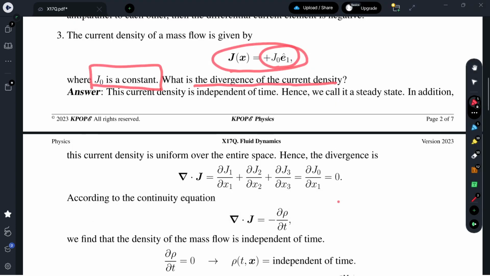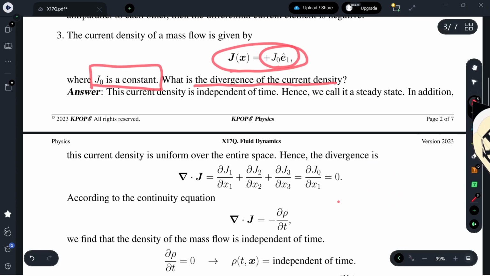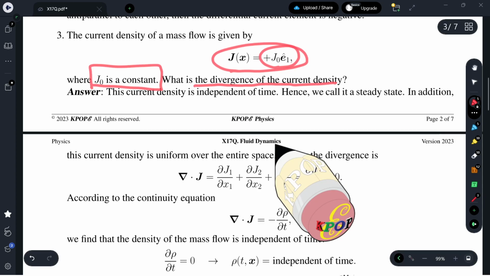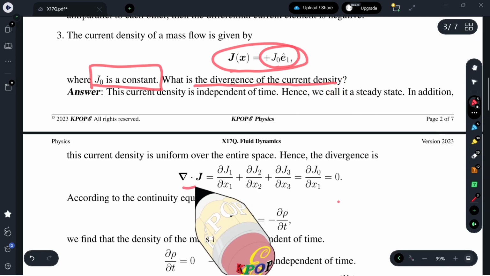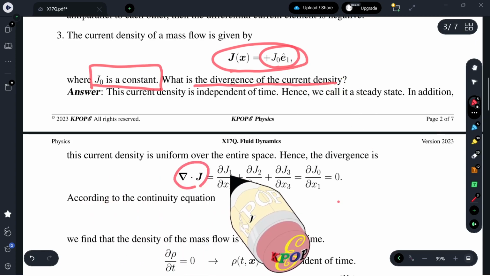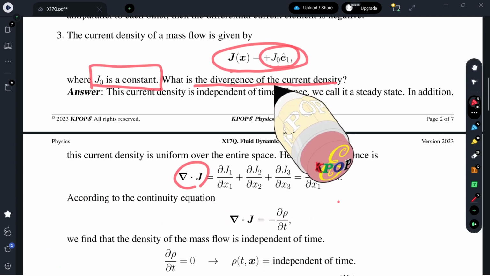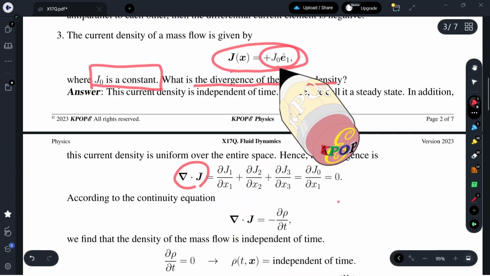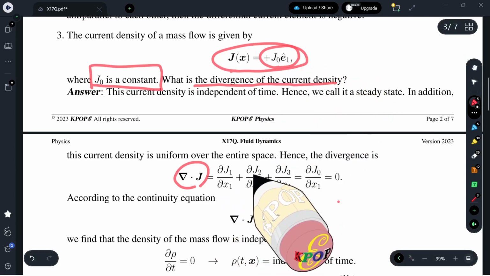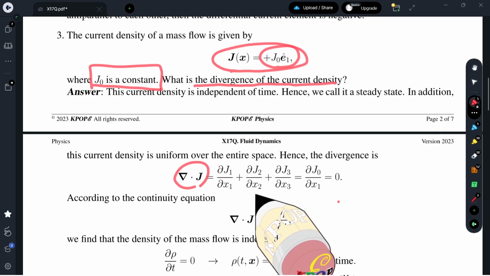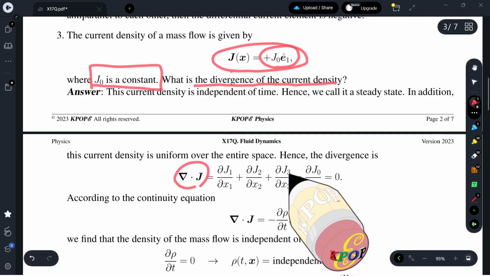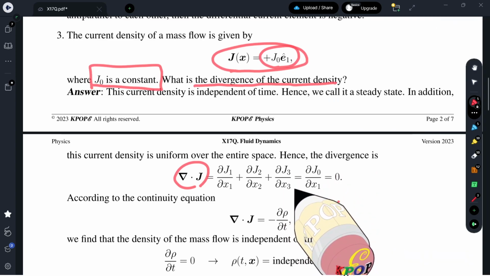Using the definition of divergence, I can compute the divergence of J. Divergence J is the derivative of the x component of this vector field with respect to x1, plus the derivative of the y component with respect to x2, plus the derivative of the z component with respect to x3.